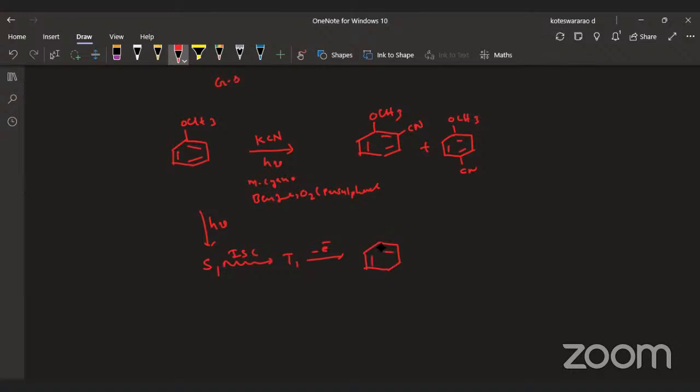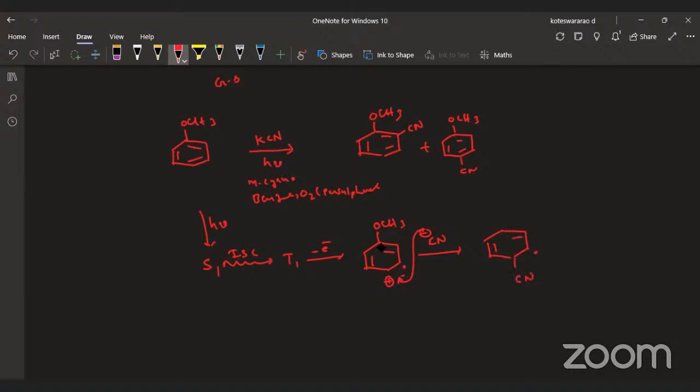That cation radical drastically decreases the electron density at the para and ortho positions. Then the nitrile group is attacking. The nitrile group is attacking at the para position. Then that leads to the formation of the carbon-carbon bond.